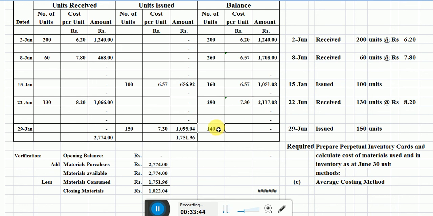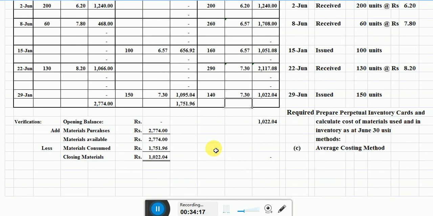140 units here. The rate is also the same as above. Student, this is the final inventory at the end of the month: 140 units, the rate is 7.30 rupees, and the amount is 1,022.04 rupees here. Now students, in verification you are seeing there is nothing in opening balance. The purchasing value is this. The material available for use is this.